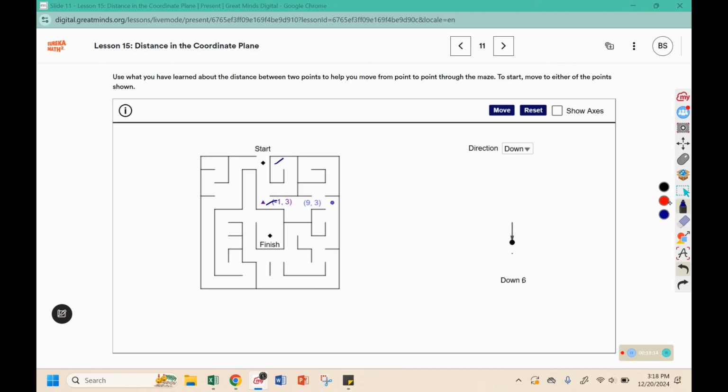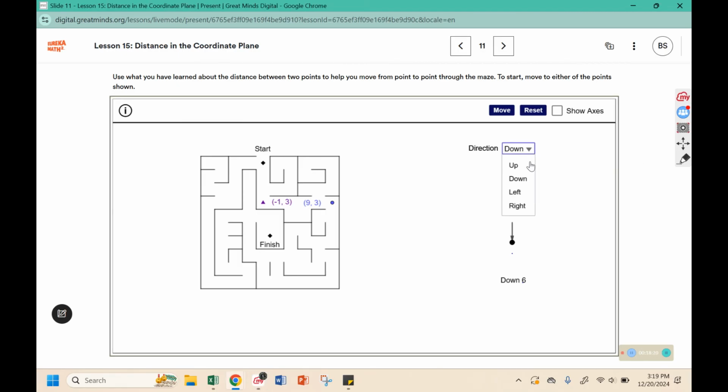Now we are here. And now we're going to move to the right. The 3's match. So we're looking at -1 and 9. A -1 and a 9 are in 2 different quadrants, so we need to add their absolute values. This would come out to 1, and 1 plus 9 would give us 10.